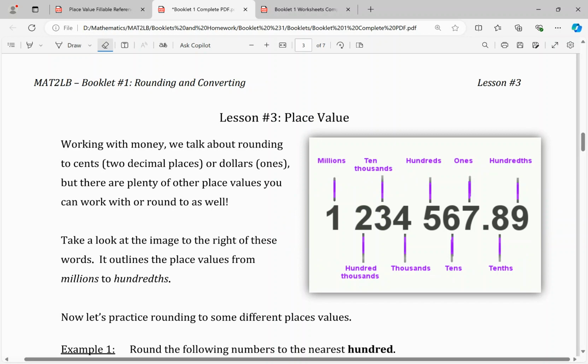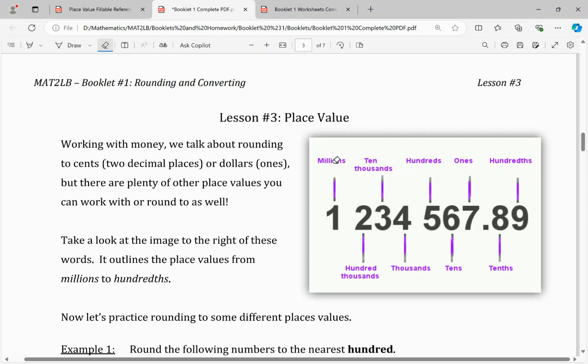Each of these digits has its own place value. The 1 is in the millions place, the 2 is in the hundred thousands, the 3 is in the 10,000s, the 4 is in the thousands, the 5 is in the hundreds, the 6 is in the tens, the 7 is the ones, the 8 is the tenths, and the 9 is the hundredths.